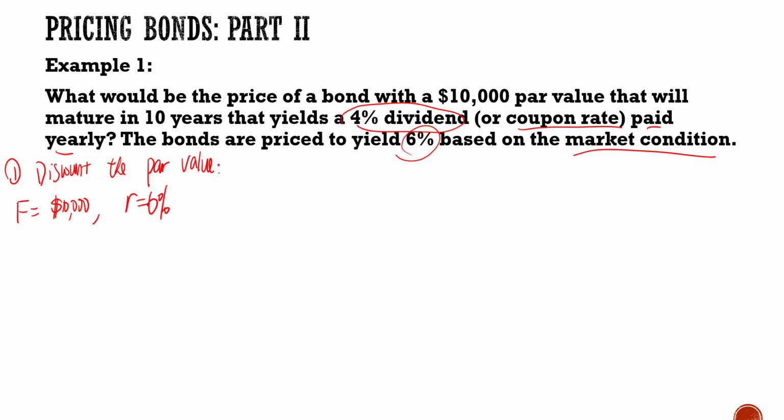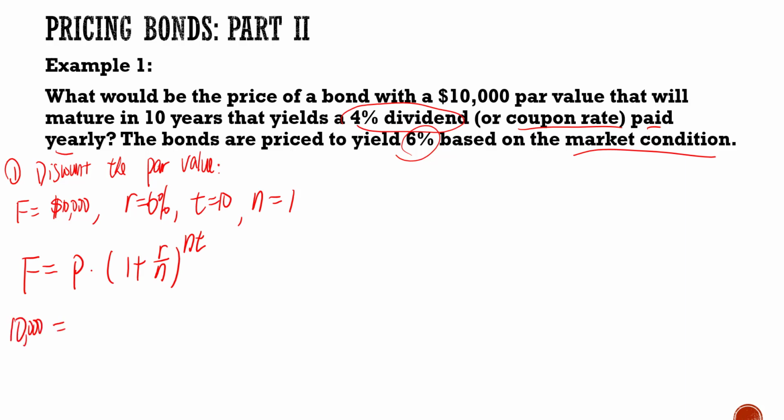When we do the discount process, we're using the market rate. And n is 10 years. The compounding period is once per year. So now we're solving for present value of this par value. Now we throw in the future value 10,000. It's equal to the present value times 1 plus the rate, which is 6%, over the compounding period 1, raised to 1 times 10.